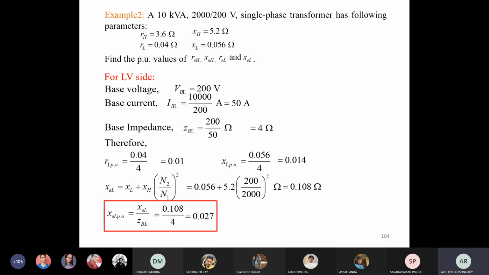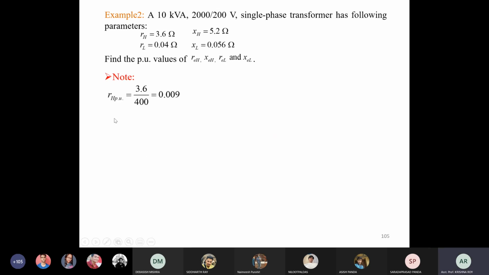So what is that? To note that RH per unit is equal to 3.6 divided by 400. XH per unit is equal to 5.2 by 400. Sorry, it is 0.013. RL per unit equals 0.04 by 4 equals 0.01. That means actual value by base value, and XL per unit are these.